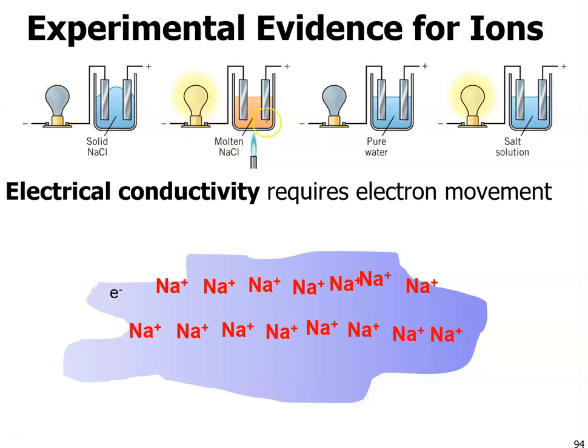But if I melt this, if I make molten sodium chloride, so I have to heat it up really hot, then the sodium ions can move around and interact with each other. If there's an electron, they can bump on one sodium and it can push to another, and they can get through this space to turn on the light bulb.